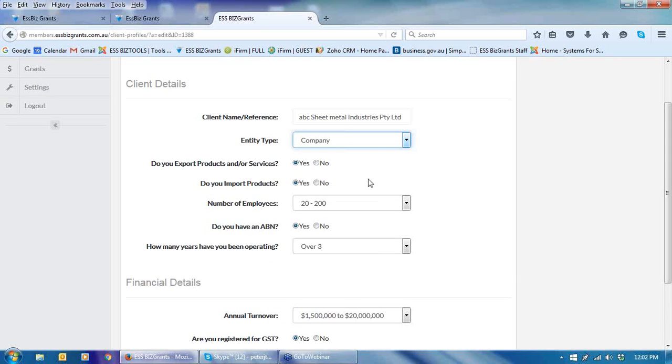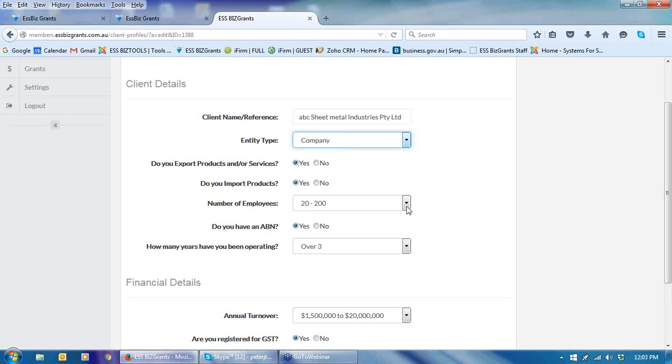The next question is, does the business export? Now, this business has got 25 employees. It's been in business for 8 years, has a turnover of $3.2 million, does some research and development, and does some exporting and importing. So I've already ticked that it's an exporter. We've ticked that it does some importing.